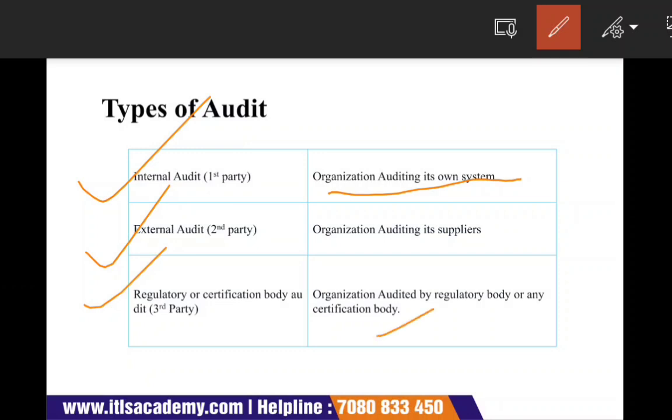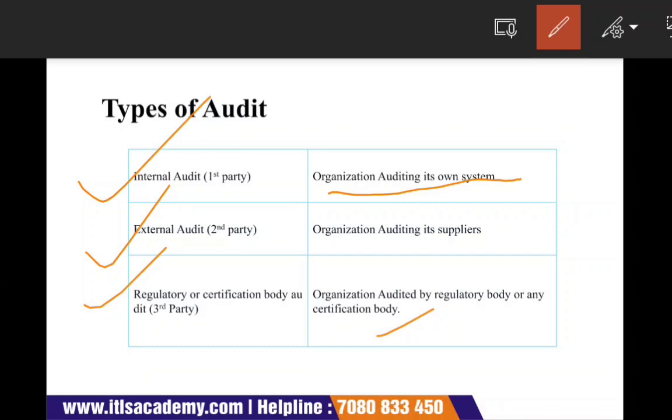As the name suggests, internal means the auditing is done within the same company, so you don't have to hire anybody from outside. External auditing, the second party, as the name suggests, is external, so the organization's audit is done by different people.